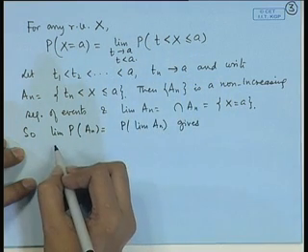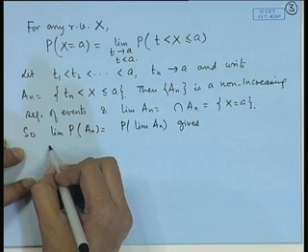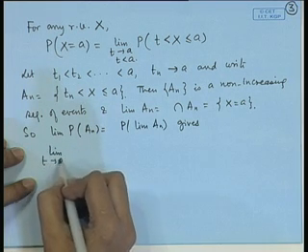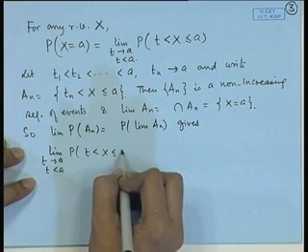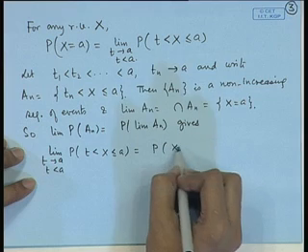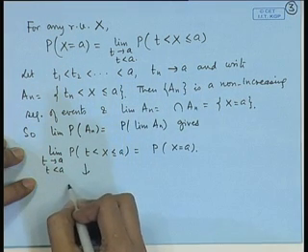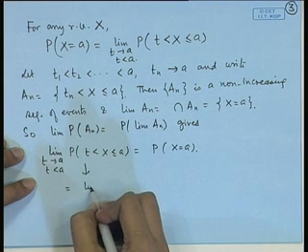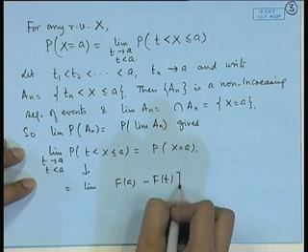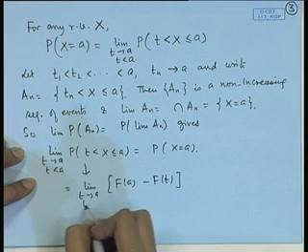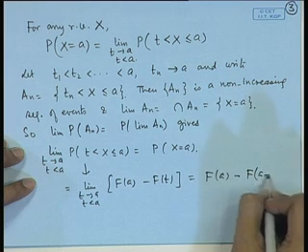This statement is equivalent to: the limit, t tending to a with t less than a, of the probability of t less than X less than or equal to a is equal to the probability that X is equal to a. Now, this is actually equal to the limit of F(a) minus F(t), where t tends to a and t is less than a, which is exactly equal to F(a) minus the left hand limit at a.